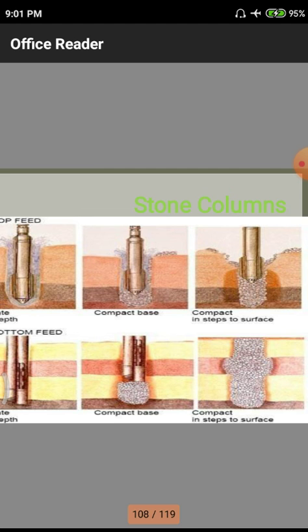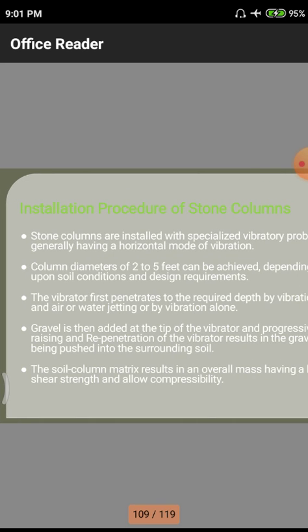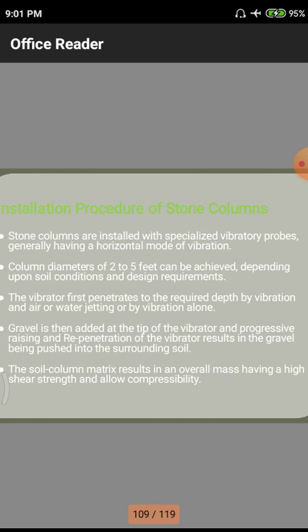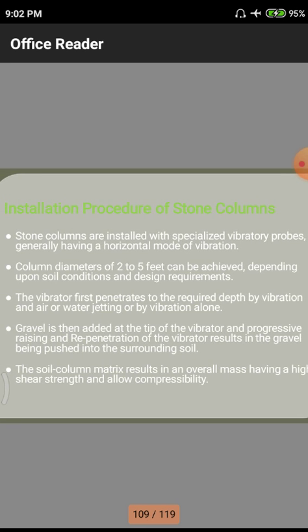Besides soil with stones, there may be a huge amount of settlement in the soil itself. The stone column matrix results in an overall mass having high shear strength and low compressibility. High shear strength means there is less chance of collapse of the soil.